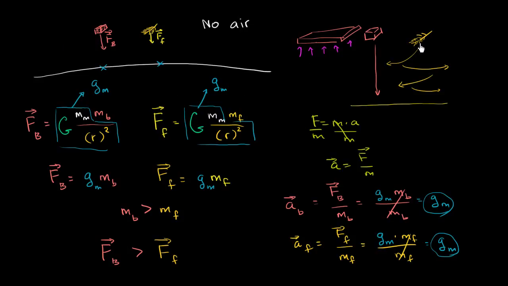And if you took a feather and compacted it really small, the same mass as a feather, but so small that it could cut through the air, you'll see that it will drop a lot faster. So the real difference between how things fall on Earth is that if you had no air, they would all fall at the exact same rate. It's only because of air that they fall at different rates.